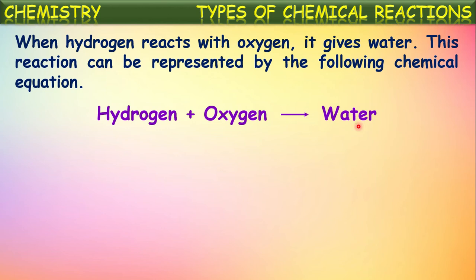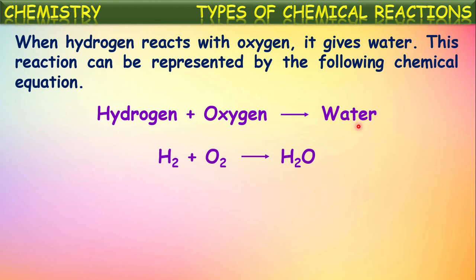This is called a chemical equation, but here we have written it in words. Generally, chemical equations are written using symbols and the formulae of the chemical substances participating and being formed. So this equation between hydrogen and oxygen to form water can also be represented with their formulae like this.